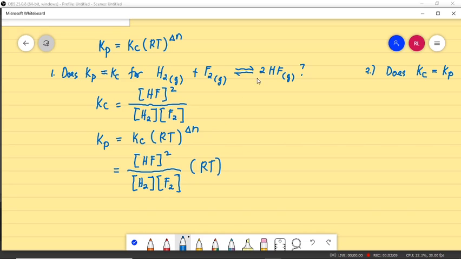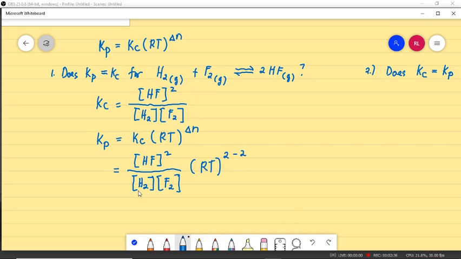So our delta N is the number of moles of gases on the right side of the equation minus the number of moles of gases on the left side. So on the right side we have 2 moles, minus on the left side we have 1 plus 1 because we have 1 mole of hydrogen gas and 1 mole of fluorine gas, so that is 2.